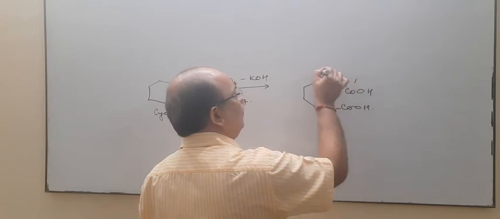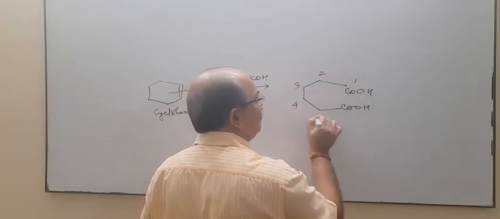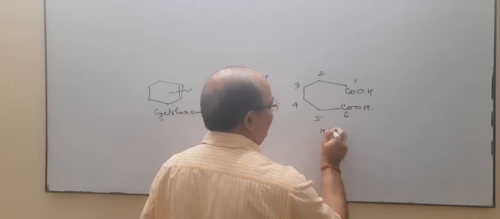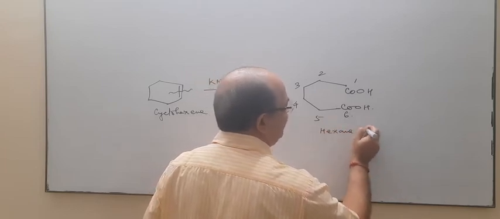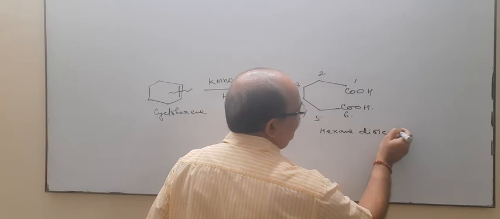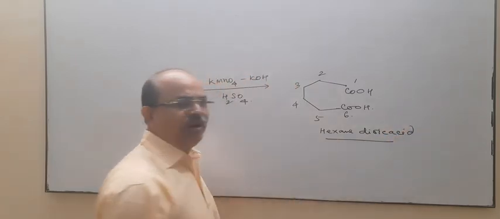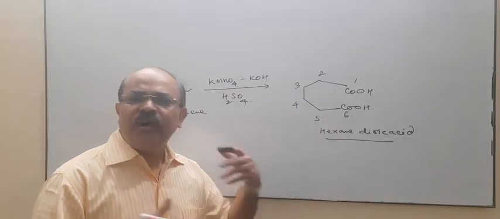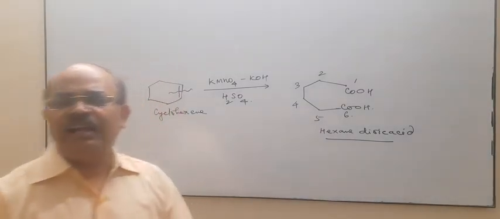You can number 1, 2, 3, 4, 5 and 6. So the IUPAC name of this compound is hexane dioic acid, or you could also say hexane 1,6 dioic acid.